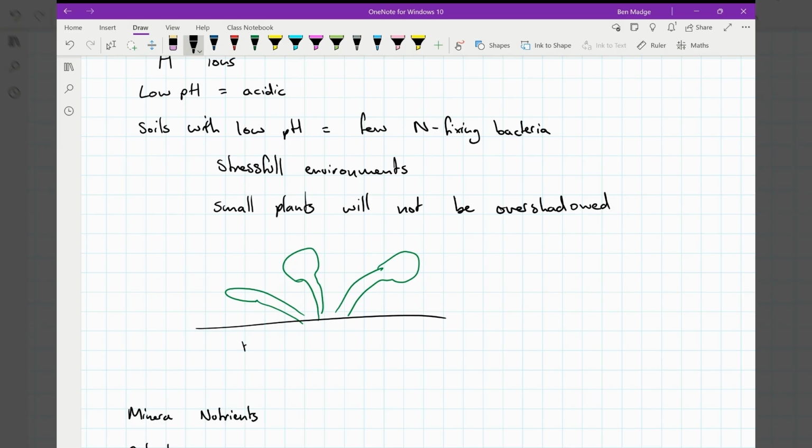So there's lots of H+ ions. There isn't any NO3, no nitrates, because there's no nitrogen-fixing bacteria. And we have all these sticky hairs on our sundew. And these sticky hairs allow it to substitute inorganic nitrates from the soil by capturing insects.